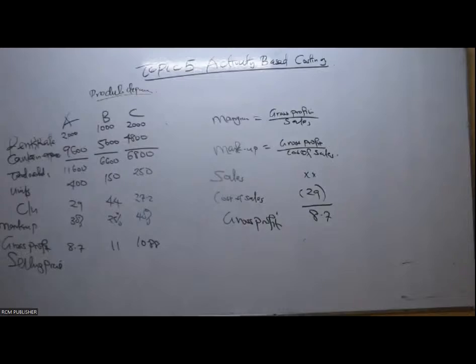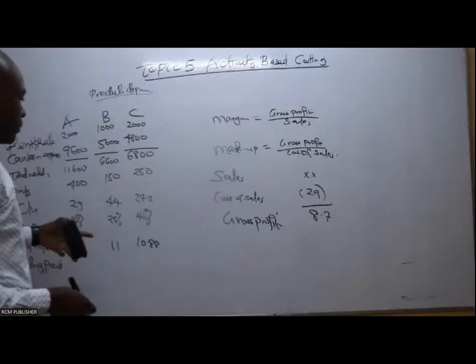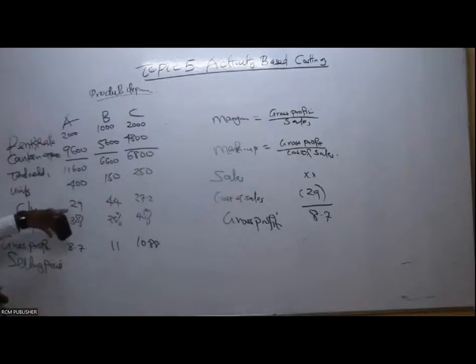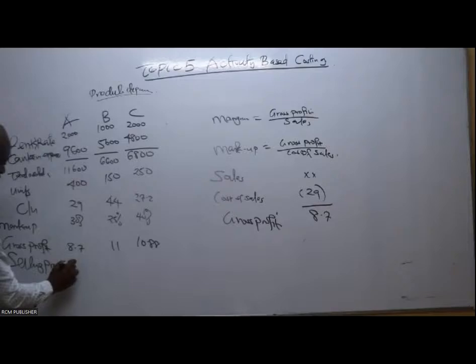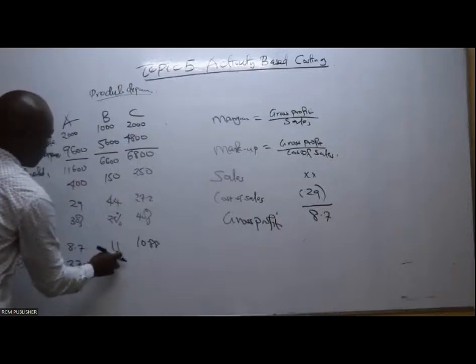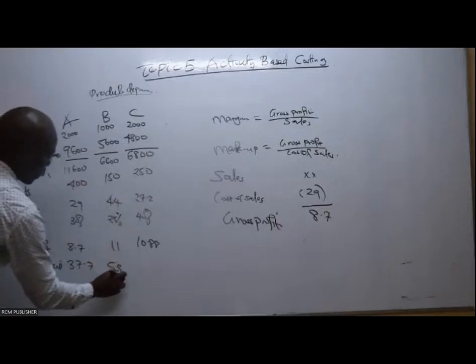8.7. So what will be our sales value? The sales value, the selling price. Add back this plus cost of sales will give us, this one will give us 37.7. Then this other one will give us 55.